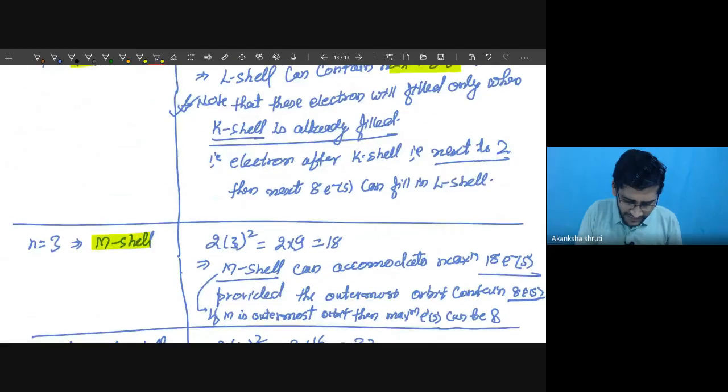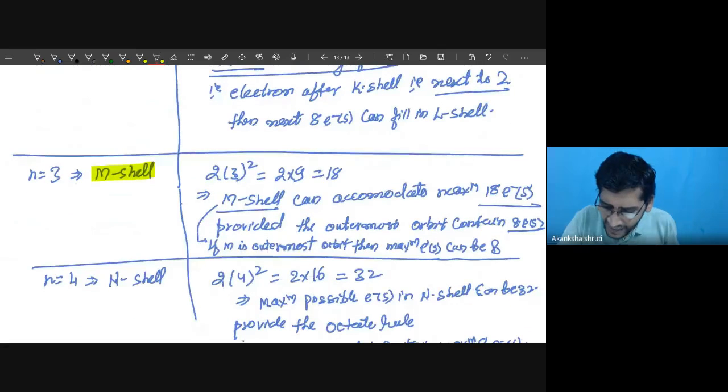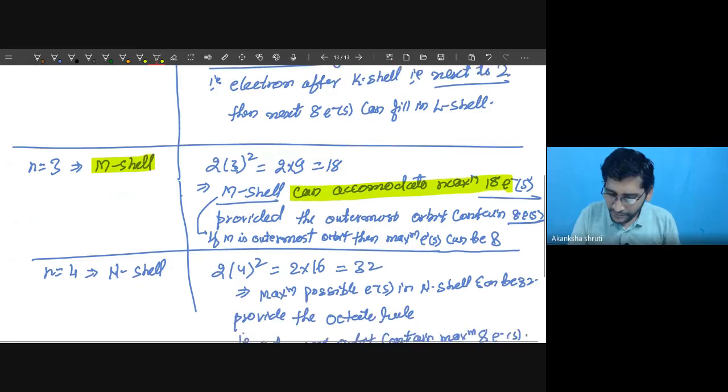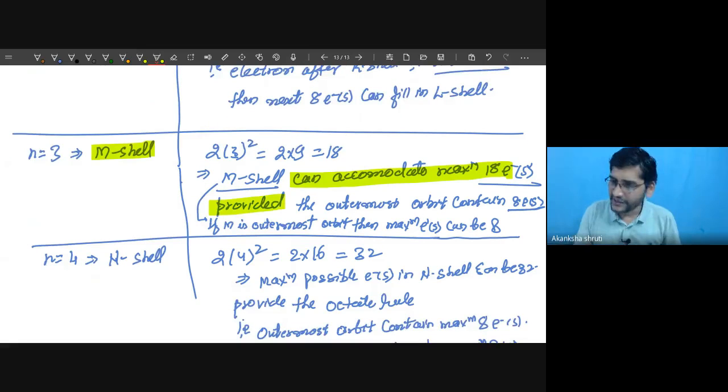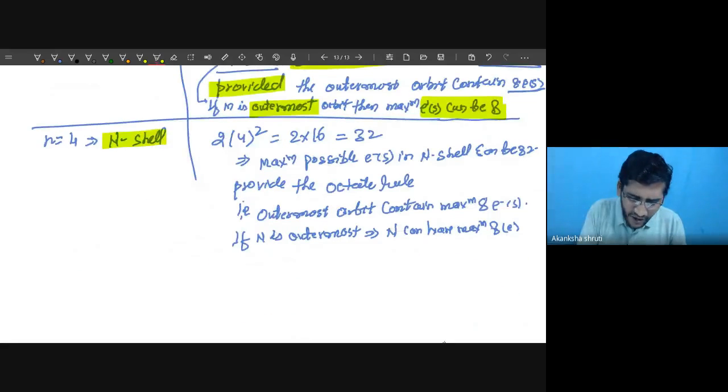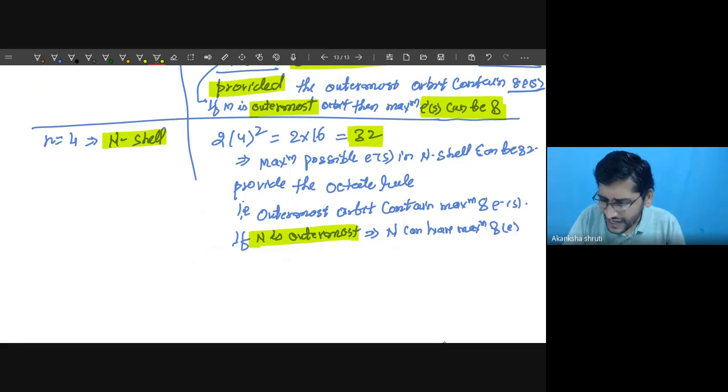But coming to the M shell, it can accommodate 18. But if it is outermost, then it can have only 8 electrons. Then we cannot put 18 in this. Are you getting, students? It is very important. Even for the N shell, the maximum capacity is 32, but if it is itself outermost, then it can have up to 8 electrons only.